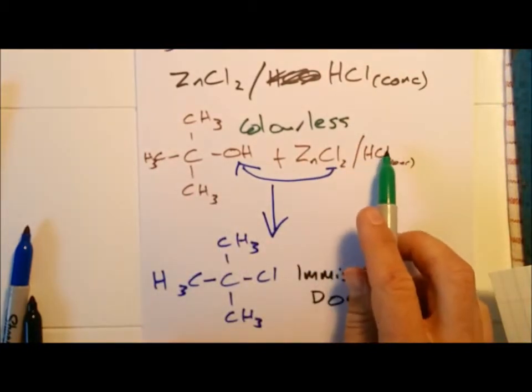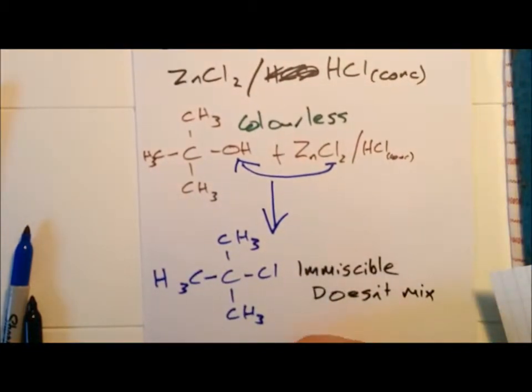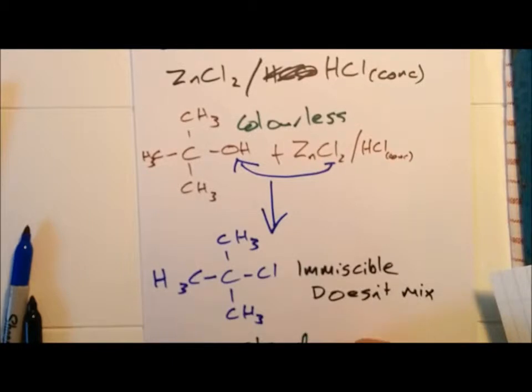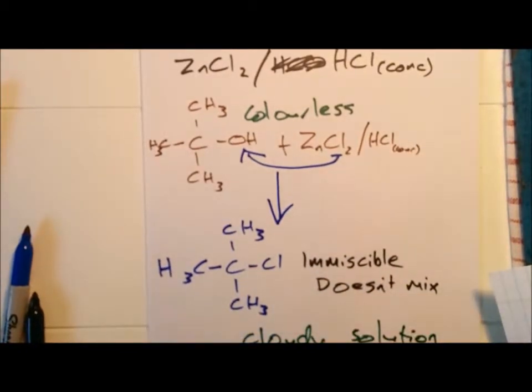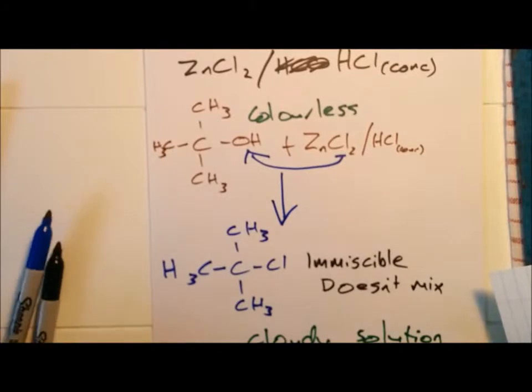and when you add this solution to it, you get a cloudy solution from this mixing in. It's sort of like what happens when you mix oil and water, so it becomes an emulsion.